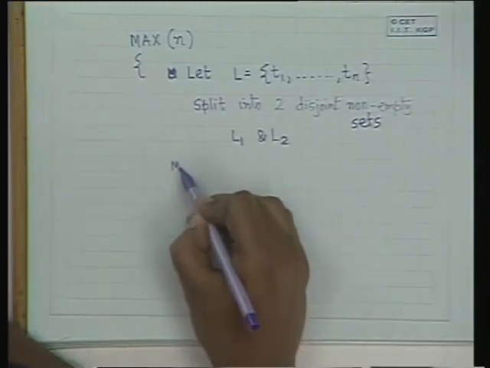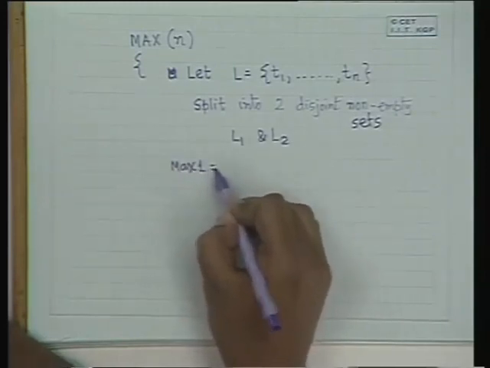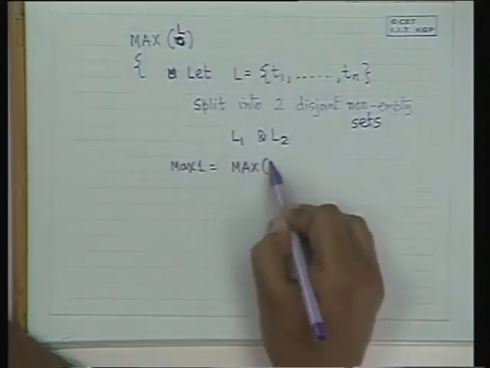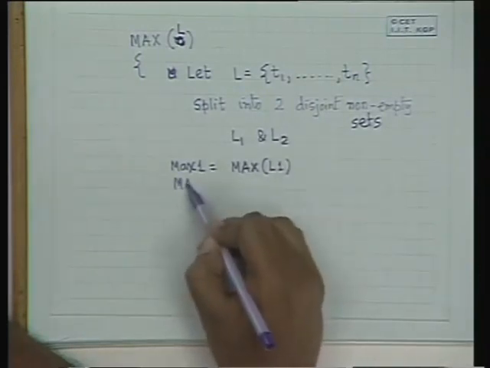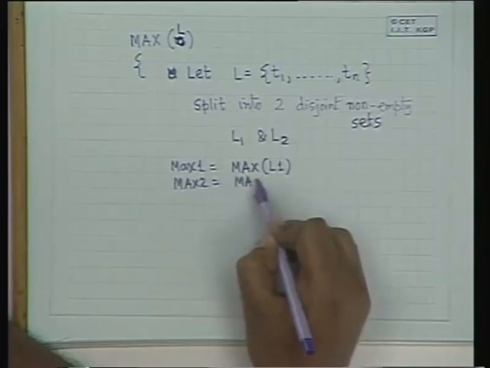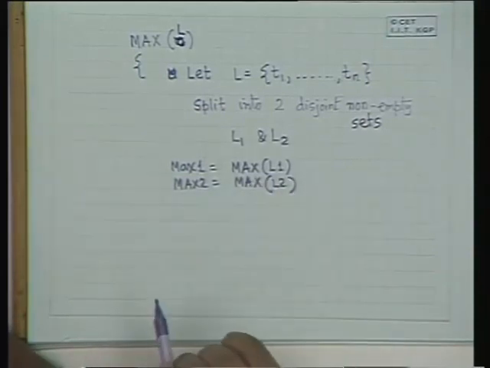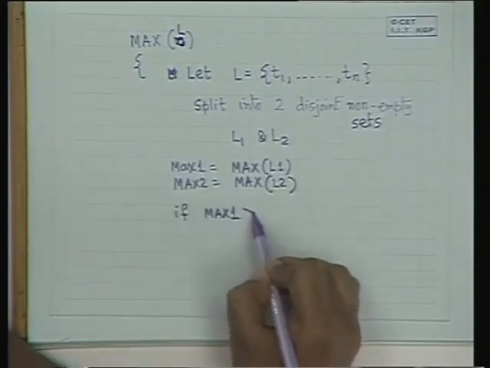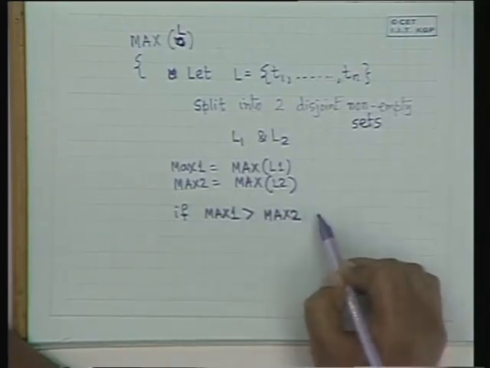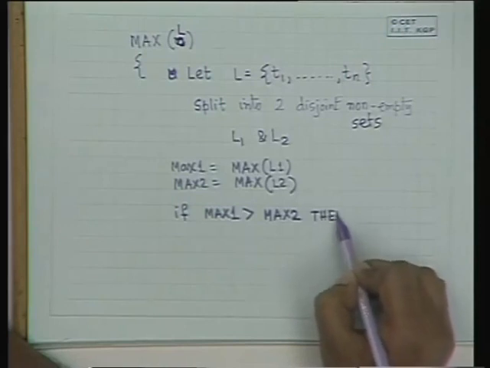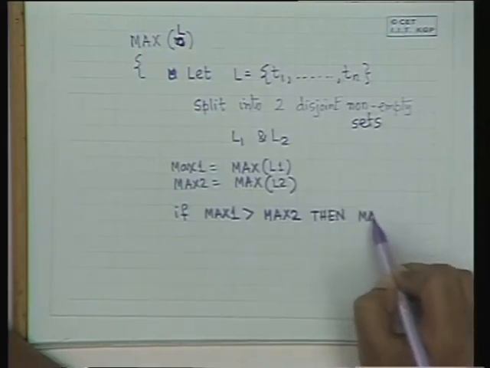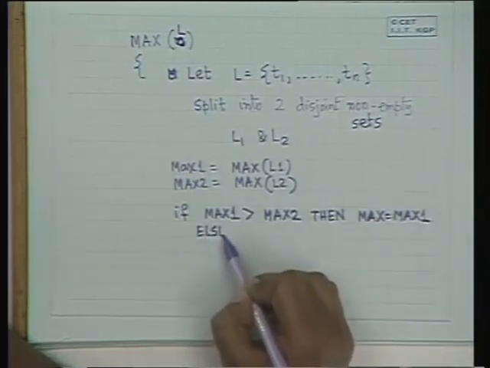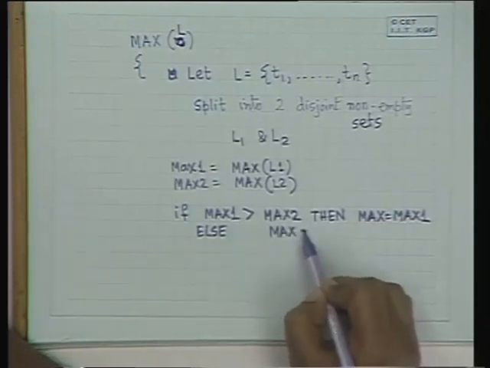And then you do, sorry, this is L. Max1 is max of L1, max2 is max of L2, and then if max1 is greater than max2, then max is equal to max1, else max is equal to max2.